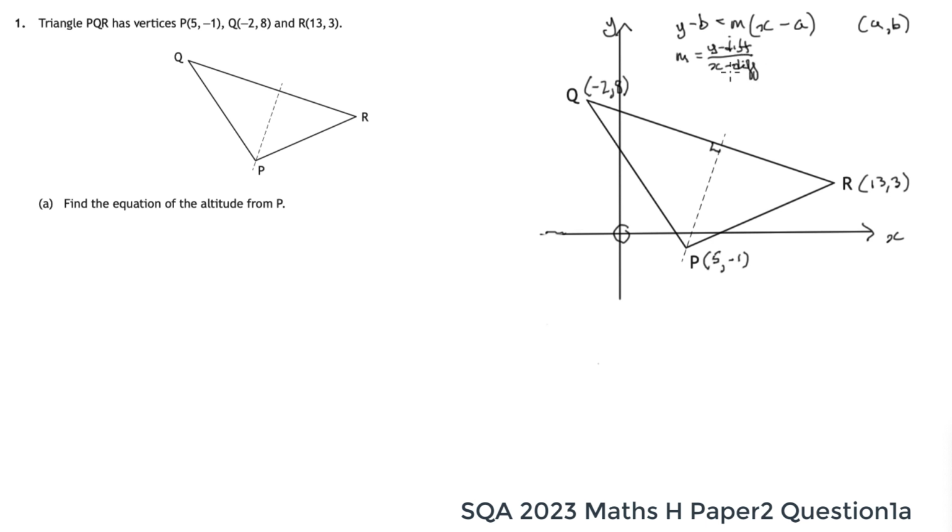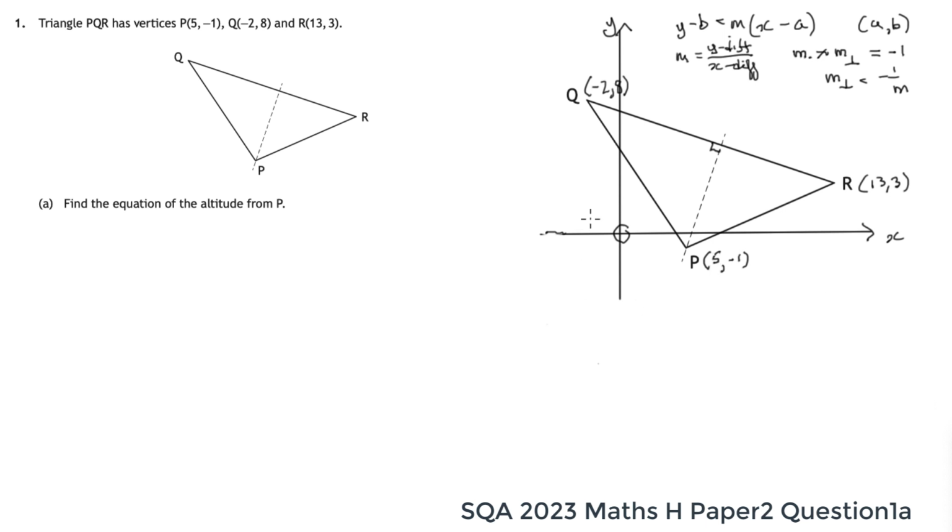So that's rise over run, as it's sometimes called. We also will find a perpendicular gradient, and we know that if you multiply a gradient by the gradient of a line perpendicular to that one, then you get -1. If we divide both sides by m, this is where you turn the gradient upside down and change the sign. So there's that going on.